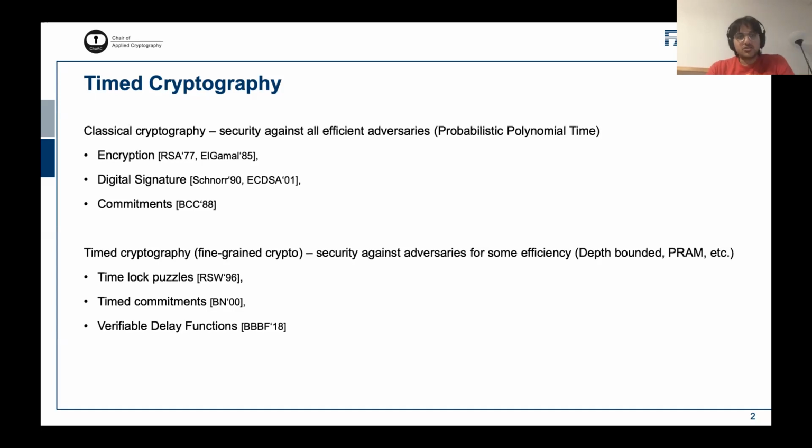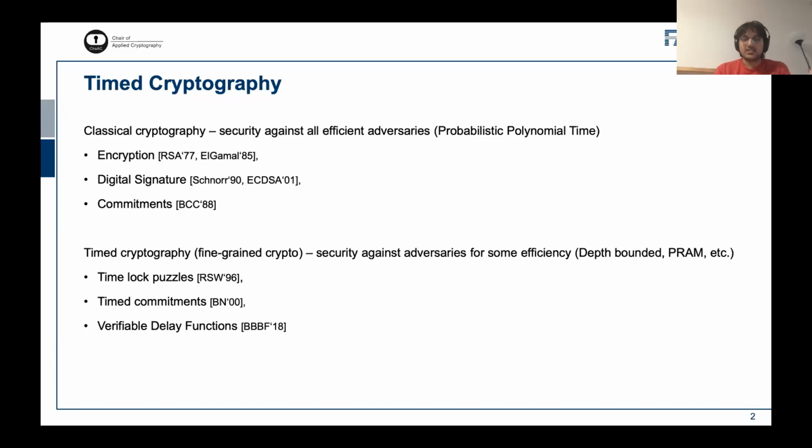There is the other notion called the timed version, otherwise referred to as fine-grained crypto, where we only consider adversaries of some specific efficiency. If you consider the adversary as a circuit, you consider depth-bounded circuits, or as random access machines, you consider PRAM machines.